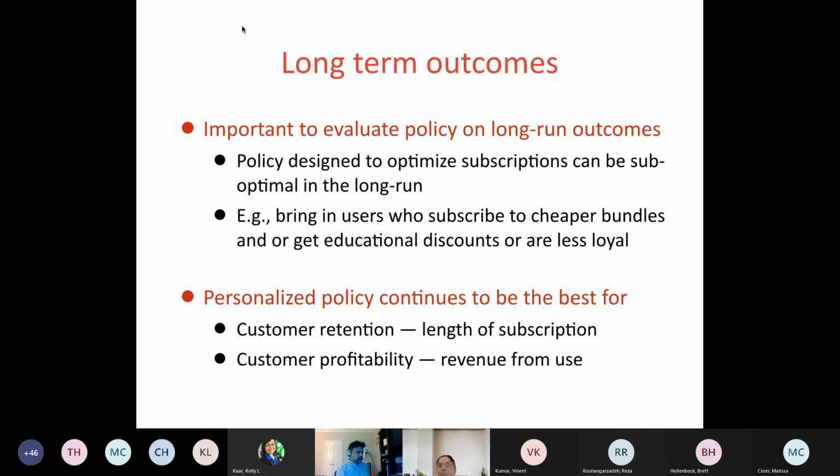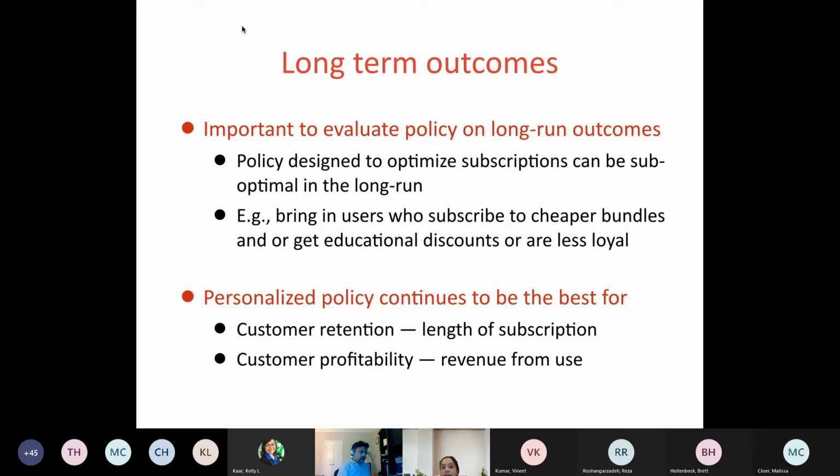Okay, so that was about segmentation, and so far everything that we have talked about and the policy that we designed has to do with short-term outcomes. Now you might want to ask, what about long-term outcomes? It's again important to evaluate the policy on long-term outcomes.